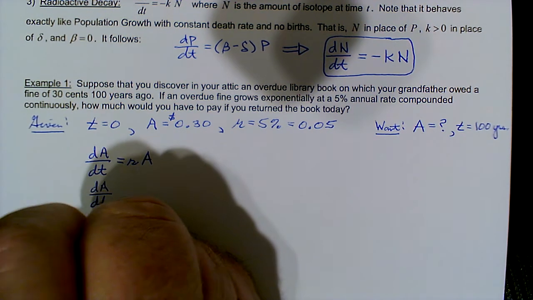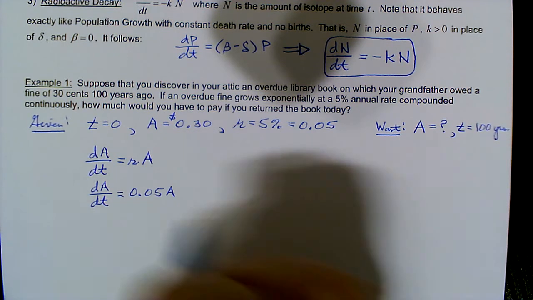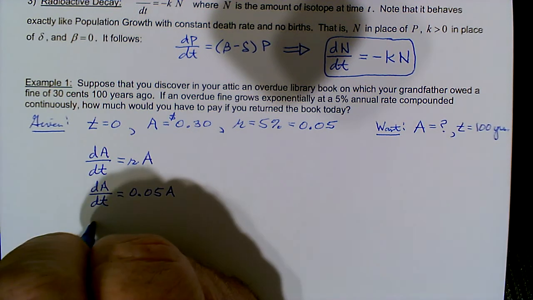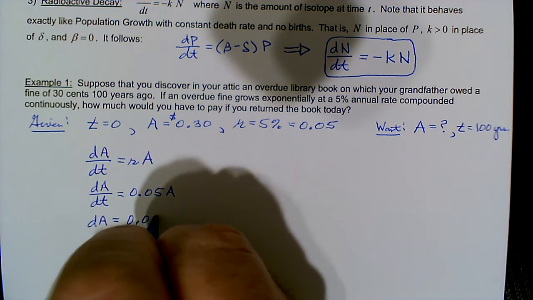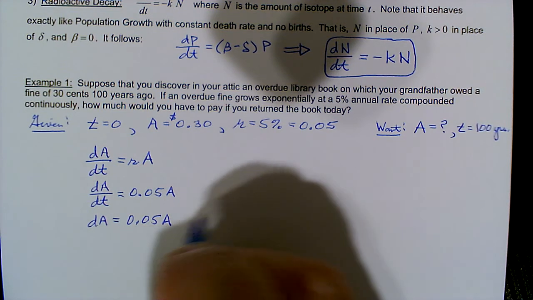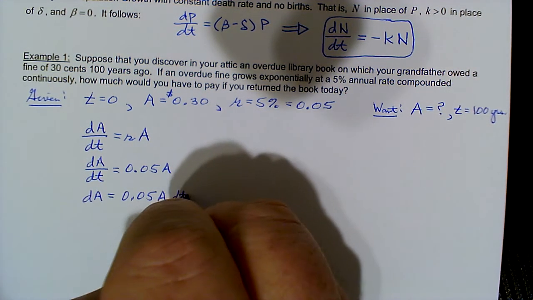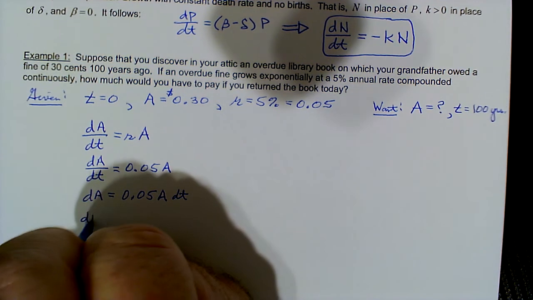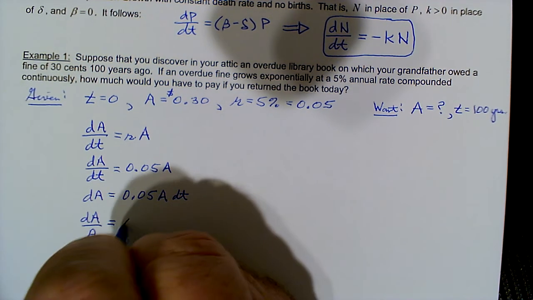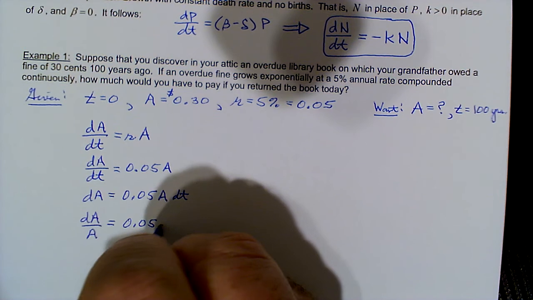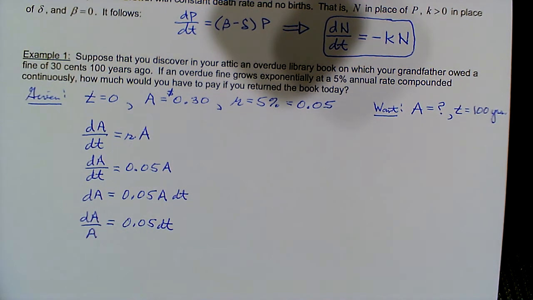So we could say dA dt equals 0.05A, and then we could separate the variables. First off, in differential form, we could say dA is 0.05A times dt. Divide both sides by A. So dA over A is 0.05 dt. That's our familiar form when we integrate.